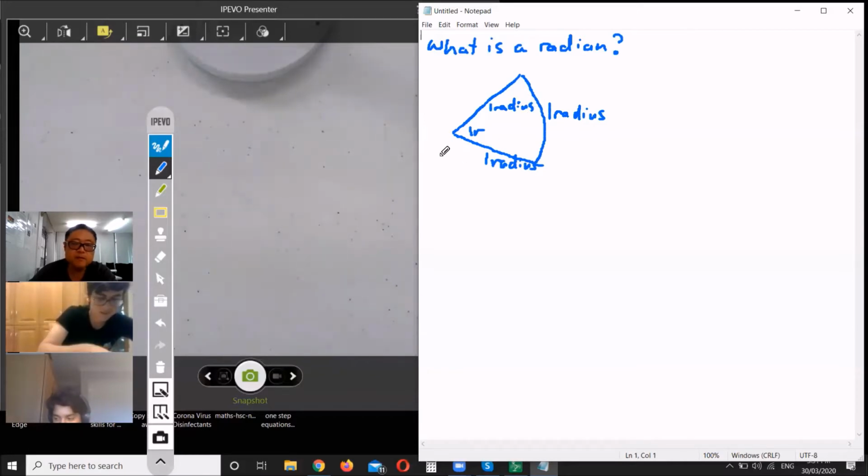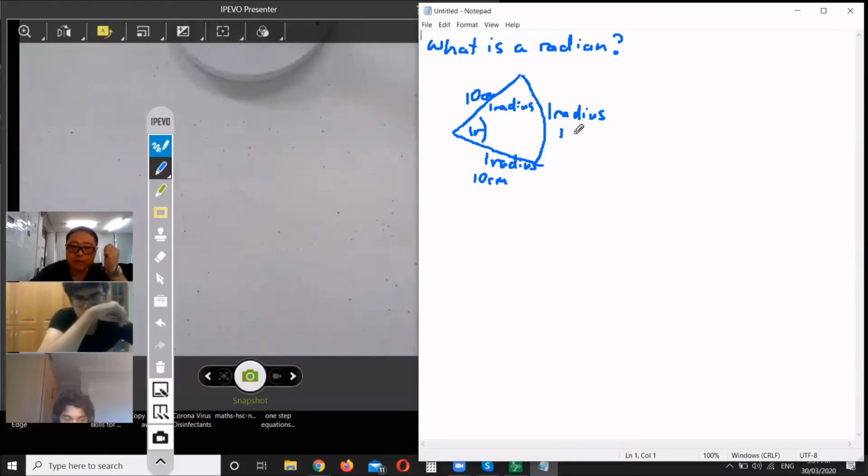If we had a circle, and the radius was 10 centimeters, what would the length of the arc be if the angle was 1 radian? 10 centimeters.